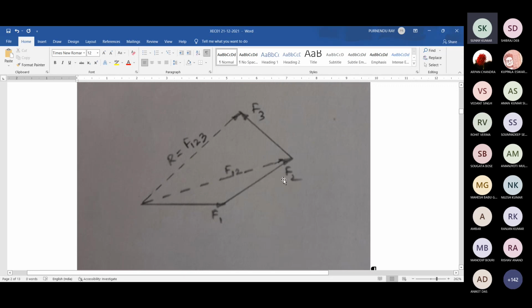But the same thing we will not follow here directly, that means adding one after the other. We will not apply the formula for F1 and F2, find the direction and magnitude, then combine these two. Not in that way. From the very beginning, we'll find individual x components and individual y components, get the algebraic summation of all x components and of all y components.